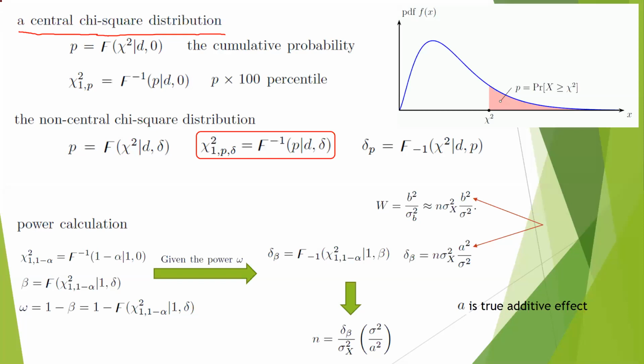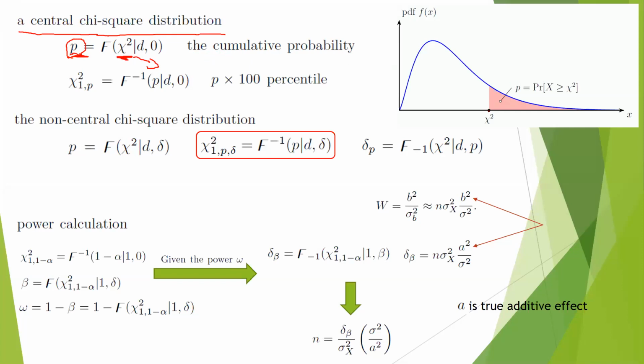All right. So the cumulative probability, we use P to represent the cumulative probability when the test statistic takes a value like this, okay?